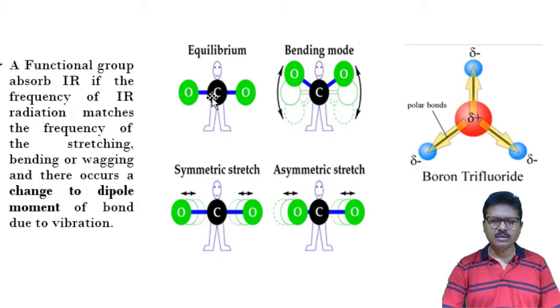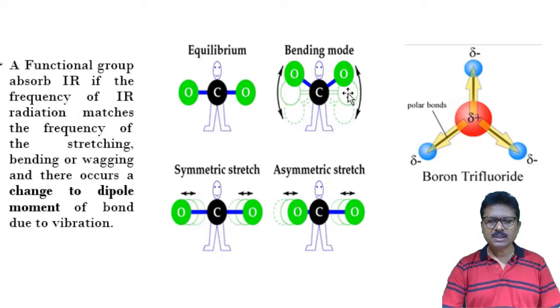So if we want to find out the equivalent of these two dipole moments, then the equivalent of these two will be 0. Now if this is vibrating this way, meaning this atom will move clockwise, this atom will move anti-clockwise, and this is the position at a particular moment. Now if we want to find out the equivalent dipole moment at this position, it will be different than the previous position.